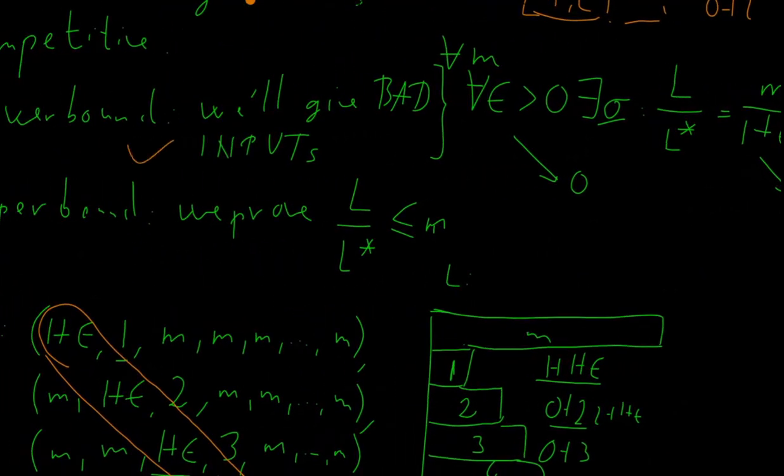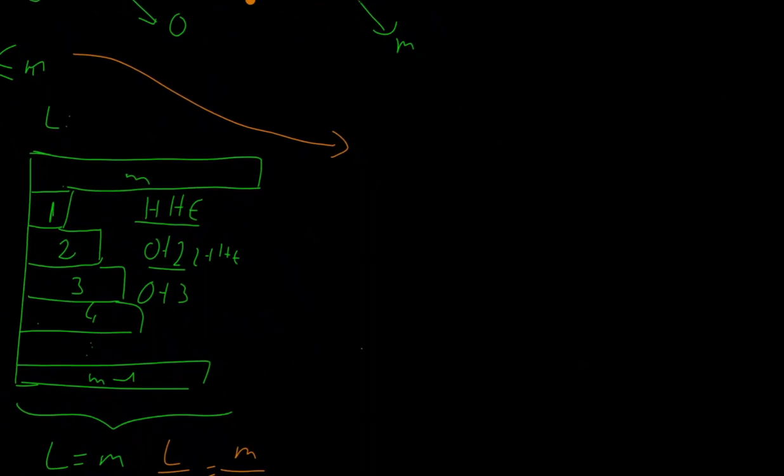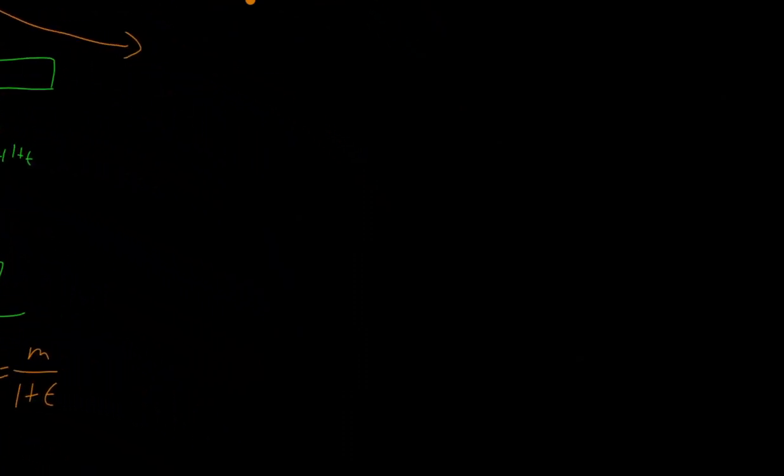Now for the upper bound, we will prove that L divided by L star is at most m for any possible input. For this we will use induction.